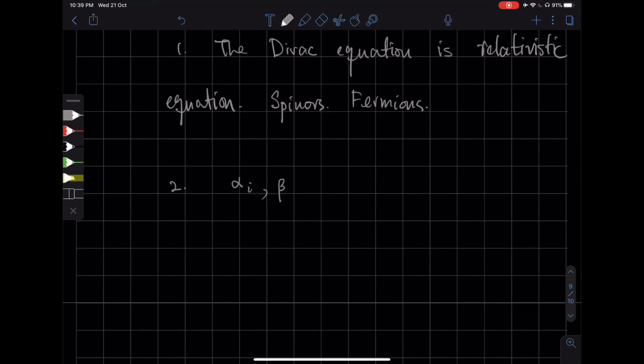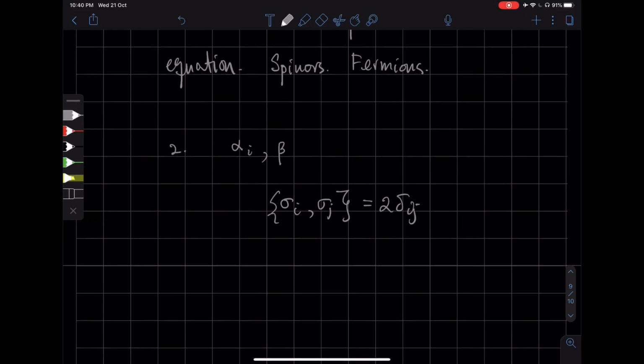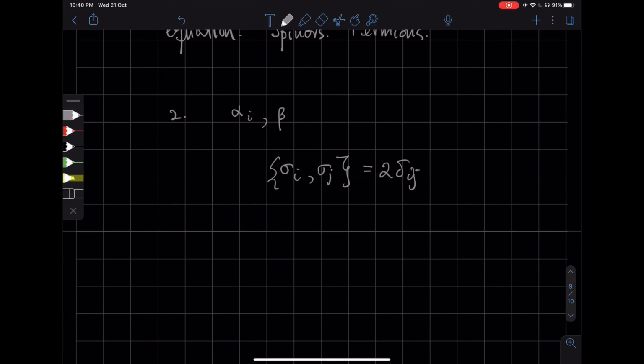In 2 dimensions, there are only 3 matrices which anti-commute with each other, and these are the well-known Pauli matrices. It's easy to show that there is no other matrix which anti-commutes with the Pauli matrices and is also 2 by 2.